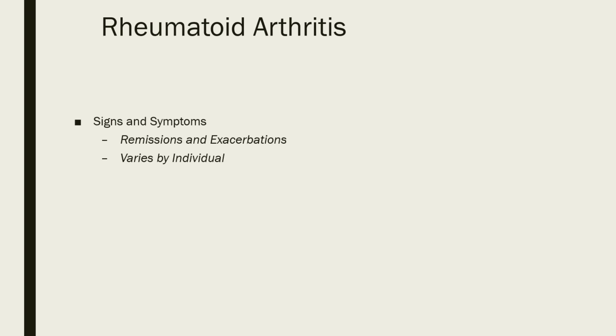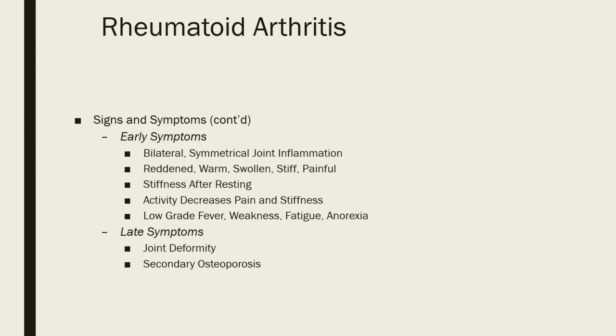Signs and symptoms can vary by individual, but the thing about RA is that there are periods of remission and periods of exacerbation. And as the disease progresses, there are fewer periods of remission and more frequent and longer periods of exacerbation. Early signs and symptoms with RA, it's bilateral symmetrical joint inflammation.